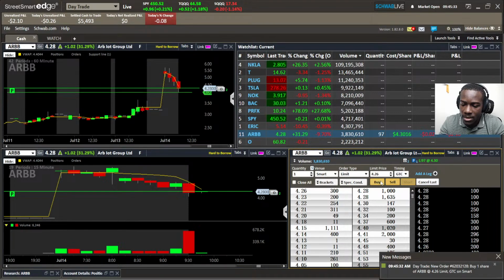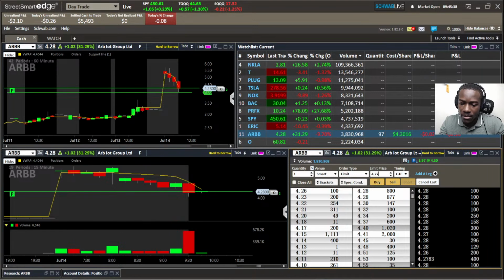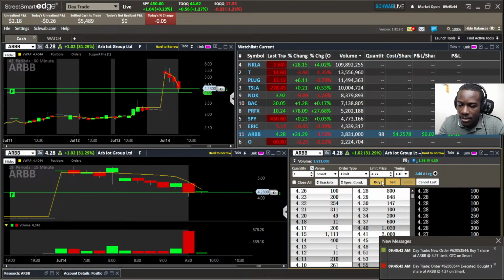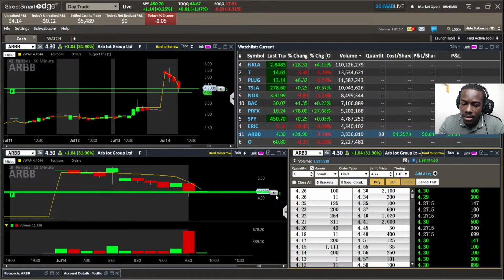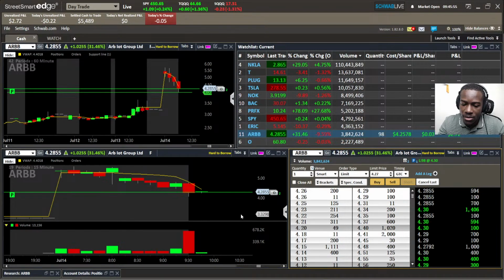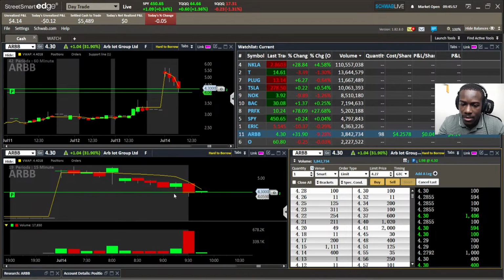Let's go for 426. Can we get a fill there? Nothing. 427. Okay, got a fill there. Brought my cost average down to 425 on that one. Still got two other fills out there to be gotten if they can get them.